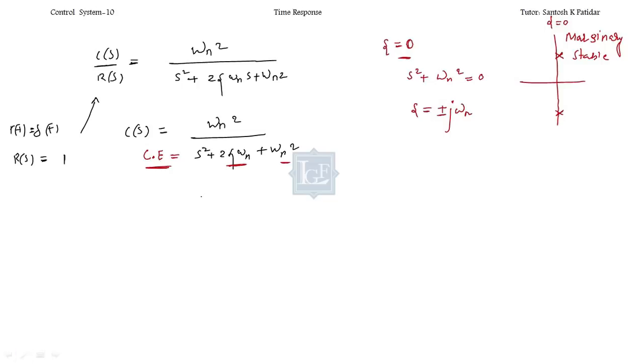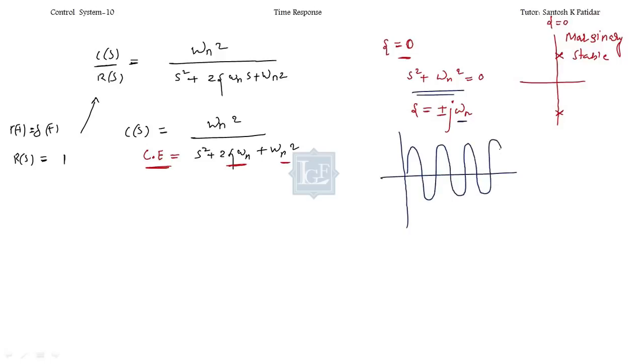So if zeta is 0, your output will be oscillating. This is the oscillation and the frequency of oscillation is omega n. So for input delta, the output will be sustained oscillation, you can see it is like this.